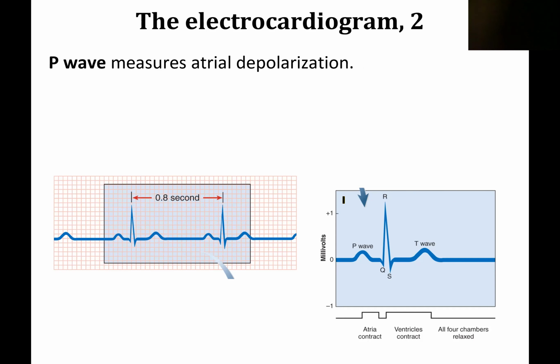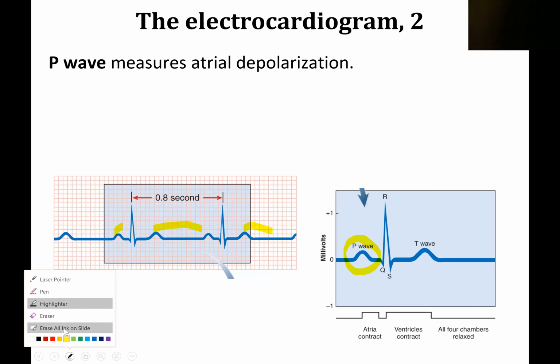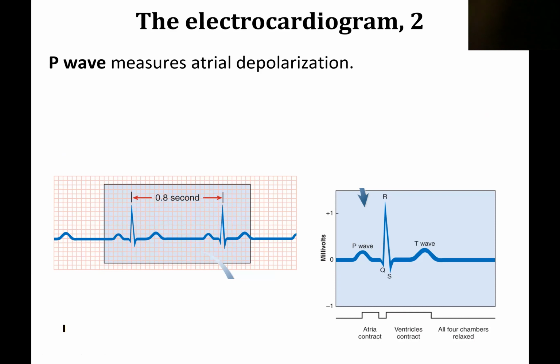So one complete heartbeat. The electrocardiogram has three parts. The P wave is a recording of the atrial depolarization, and that will trigger the atrial systole.